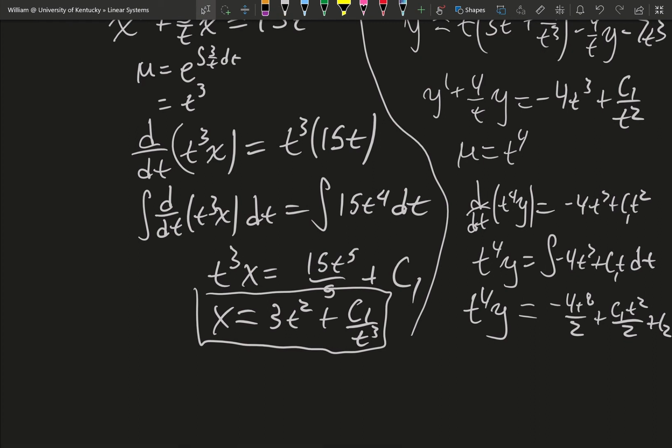So finally solving for y over there, we're going to get y is equal to negative t to the fourth over 2 plus c1 over 2 times 1 over t squared plus c2 over t to the fourth.